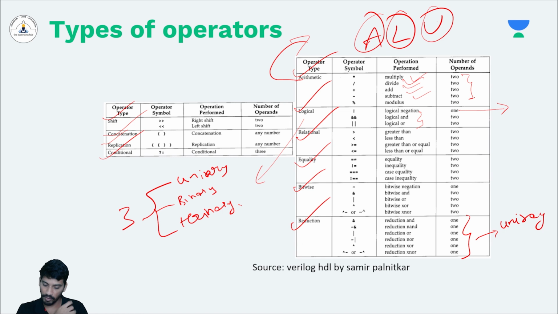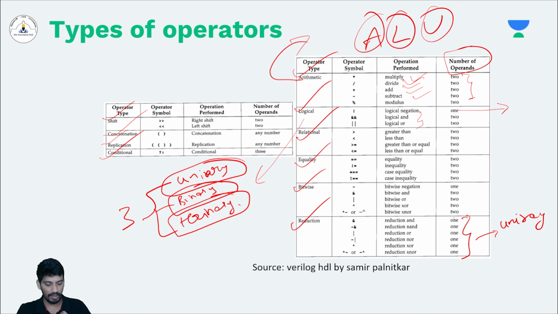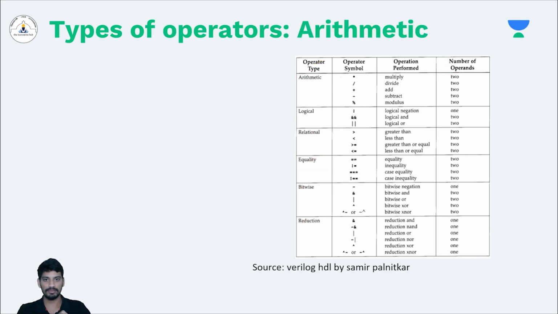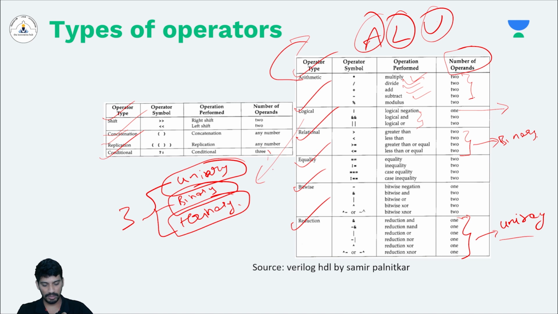The operators that work on a single operand are called unary, the operators that work on two operands are called binary, and the operators that work on three operands are called ternary. So whenever the number of operands is one, these are called unary operators, and whenever there are two, these are called binary operators. Here the three means it is a ternary operator, the conditional operator that we have already seen. We will see one more time what its use is.